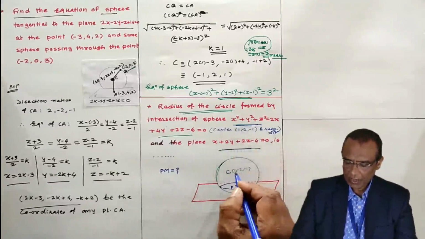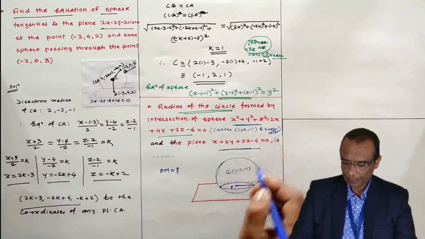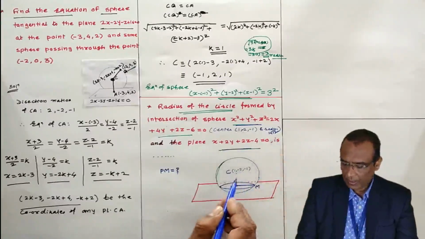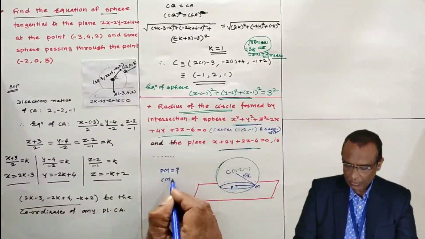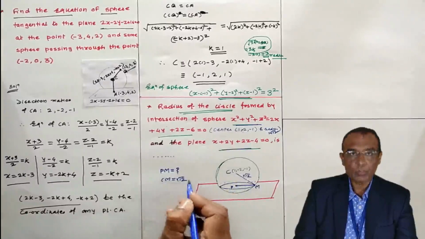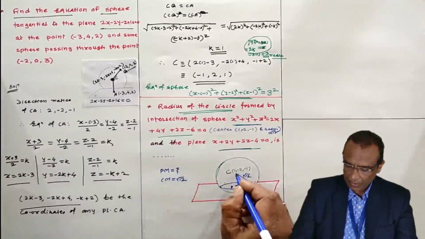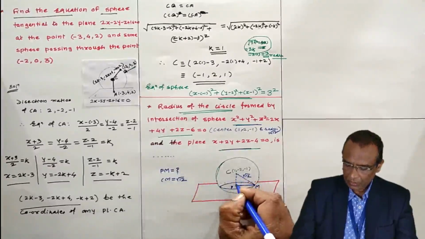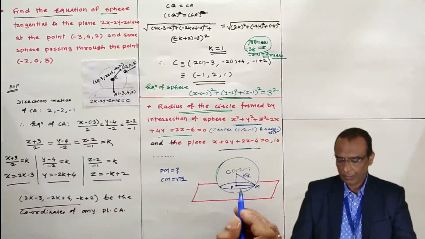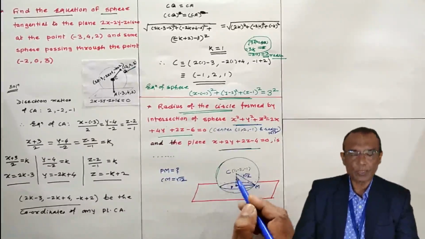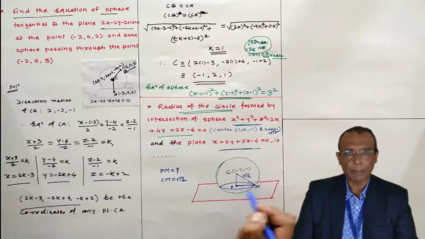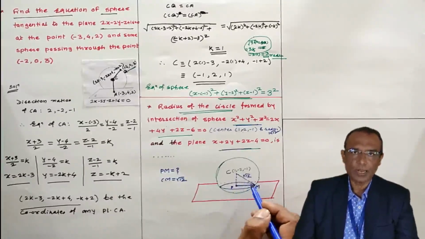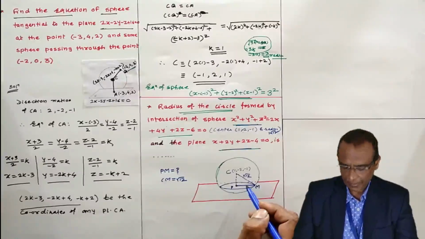The center of the sphere is (1, -2, -1). CM is given to you, which is the radius of the sphere, and CP is not known to us. If CP is known, then using the Pythagoras theorem we can find PM, which is the radius of the circle formed by the intersection of the sphere and the plane.